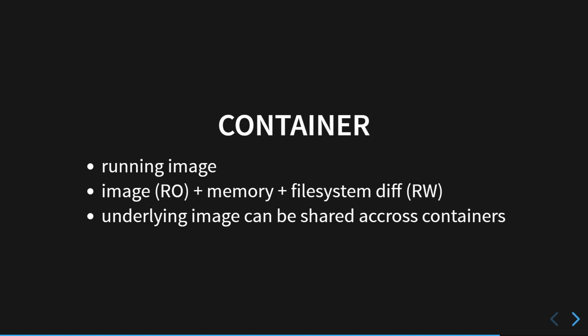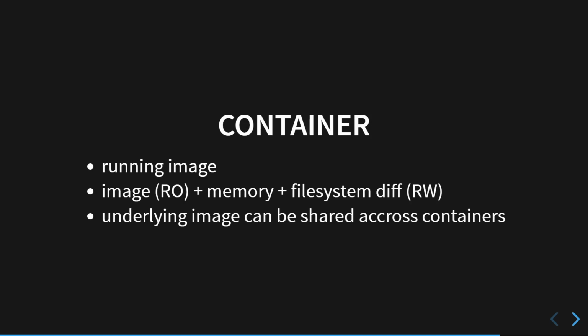And the container also maintains a record of the changes to the file system. So because the underlying image is a read-only image, anytime the application makes a change to the file system, that has to be recorded in such a way that it doesn't change the underlying base image.